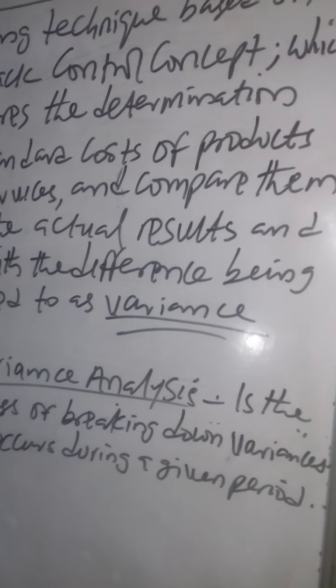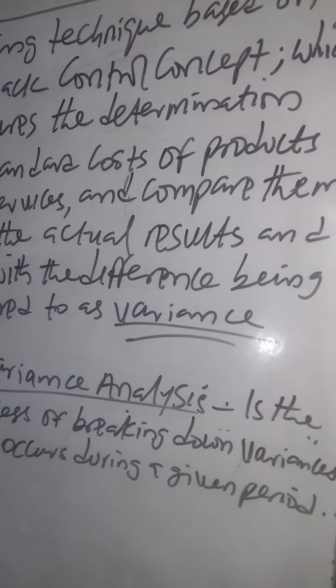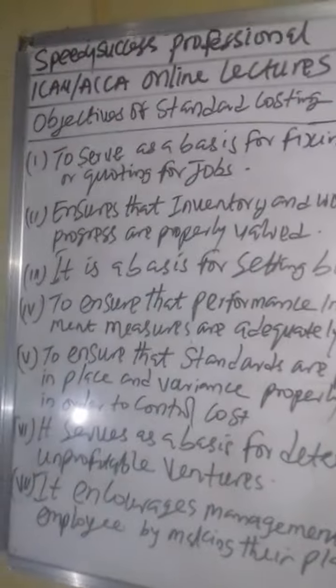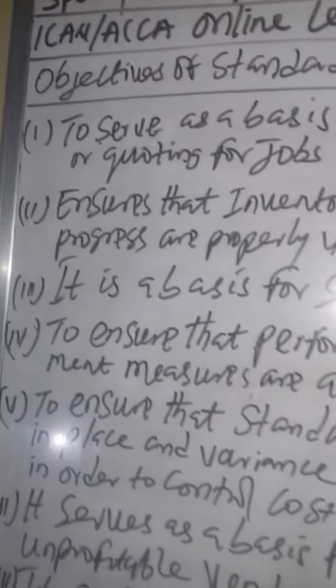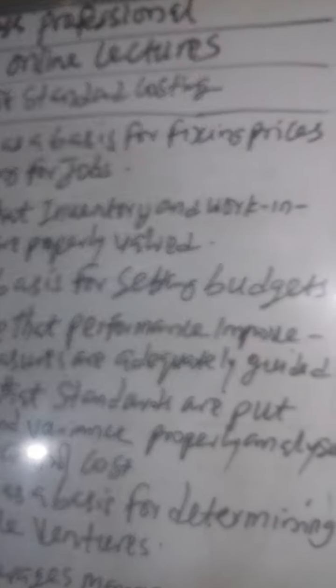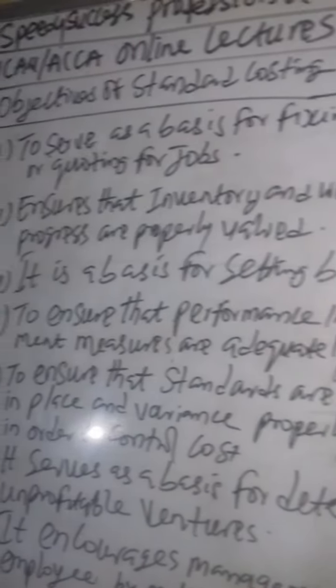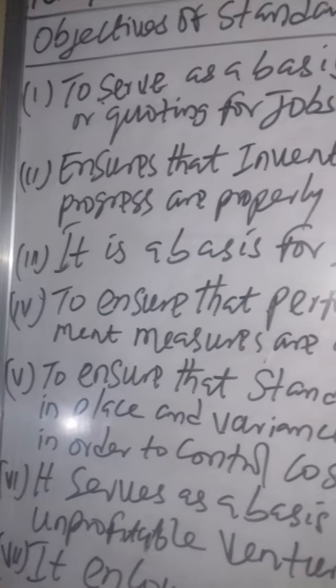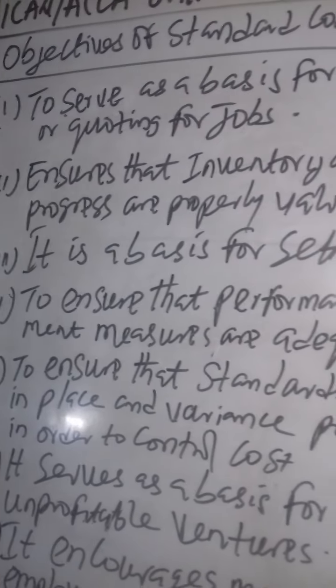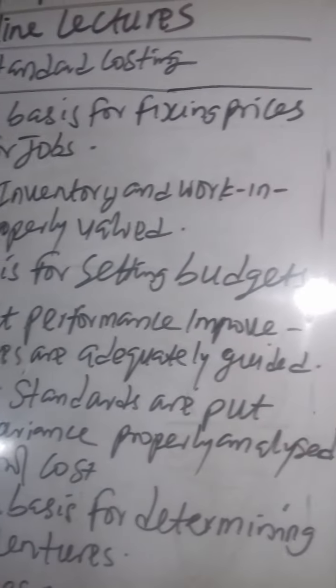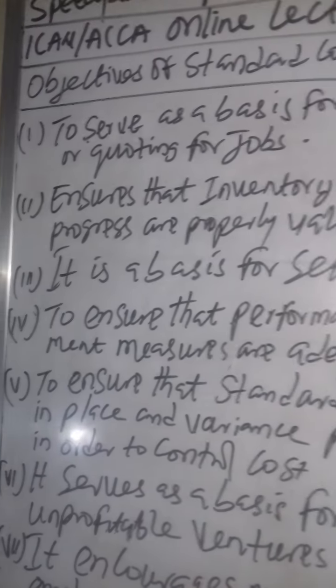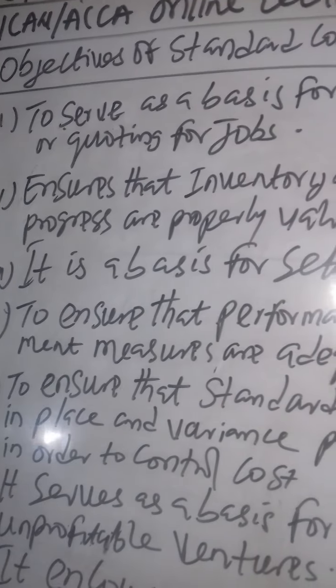Let's look at reasons or objectives of standard costing. Why do we do standard costing in various companies or in businesses? One, it serves as a basis for fixing prices and quoting for jobs.